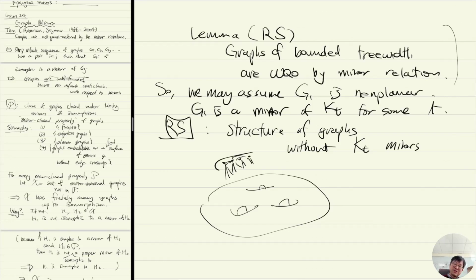This number is small, some constant. The genus is some constant. And there's also some structure called vortices, which I'm not going to describe, but on the surface you have some cycle where inside of the cycle has a particular structure, something called vortices. These are called apex vertices.